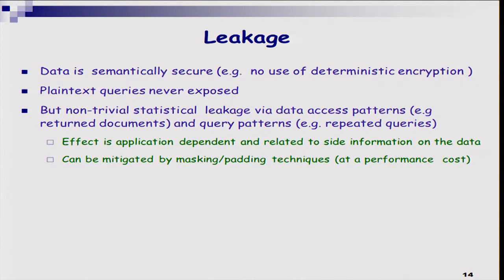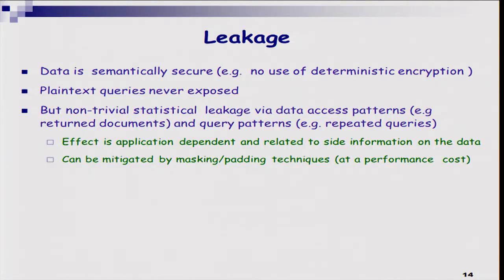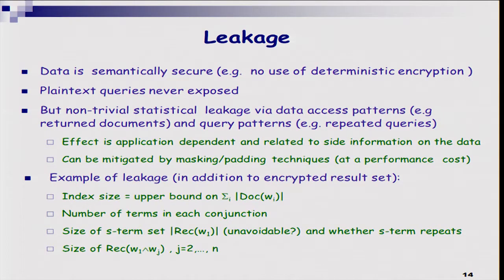But this statistical leakage from access patterns and query patterns does lead, on an application level, to some information. This can always be mitigated by masking or padding, but that affects also the performance. For example, all these linear solutions in the number of documents basically pad all the runtimes of searches to the worst case, and you don't want to do that if you want to have something practical.